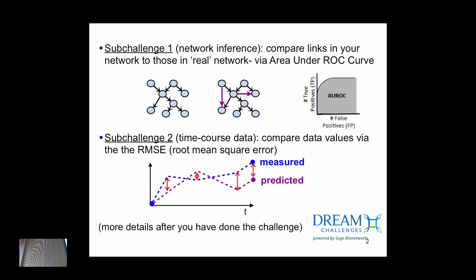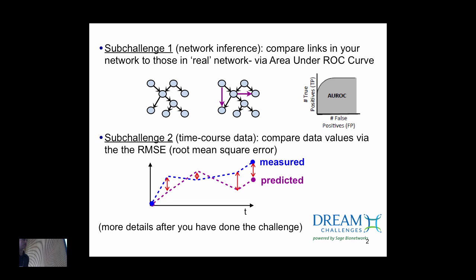Okay, so just the basic idea of the scoring of this, and there are different ways, and we'll discuss a little bit of this, is basically using area under the ROC curve, the receiver operator characteristic curve, where you plot false positives versus true positives, and you basically measure the area under this.